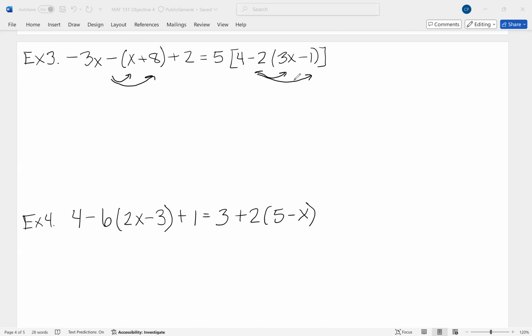So an important thing to know about brackets is we want to work them from the inside out. So we wouldn't want to try to distribute that 5 until the brackets are fully simplified.